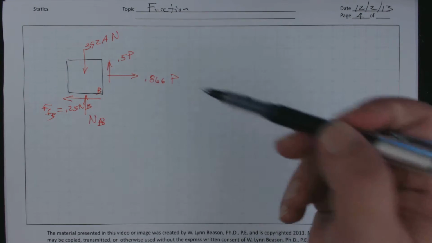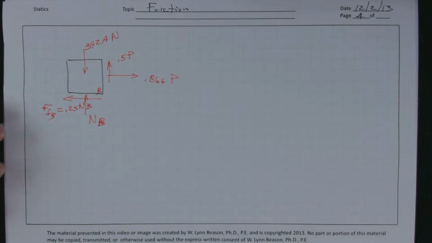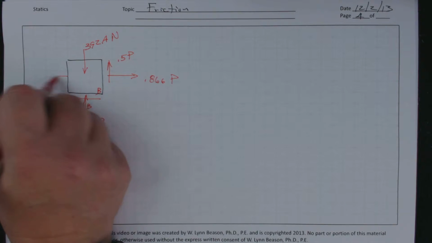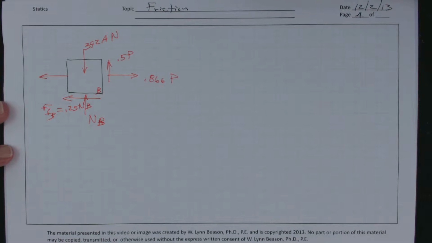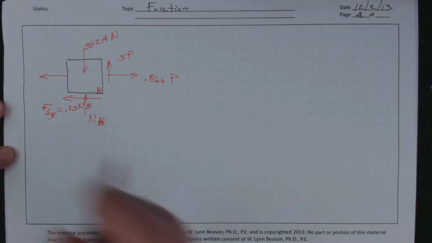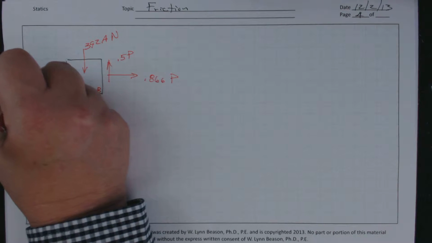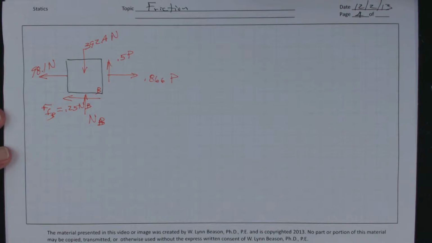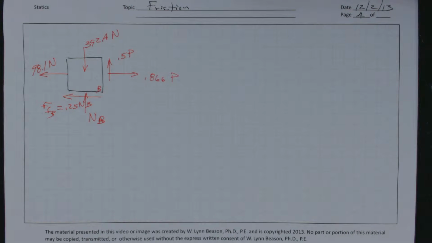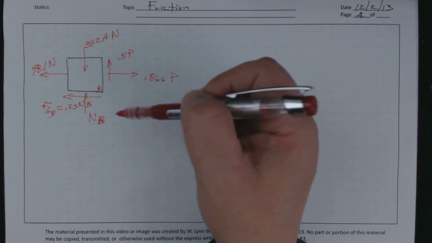Now, this problem is, oh wait, we forgot the tension. We calculated that the tension force was 98.1 newtons. So it's 98.1 newtons going back, and I think I have everything on the diagram now.